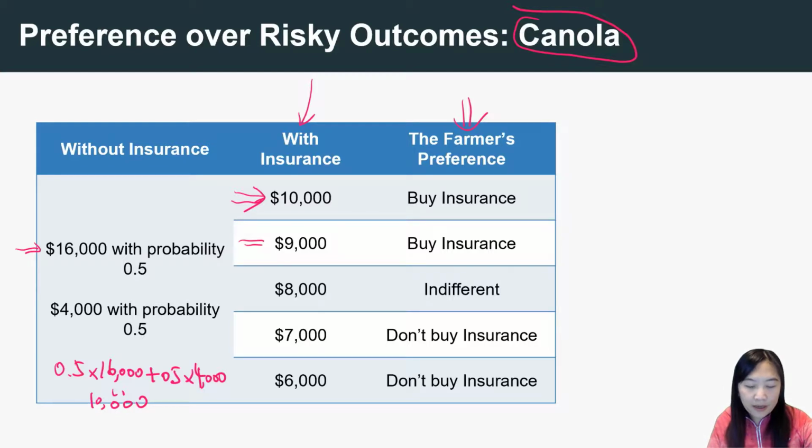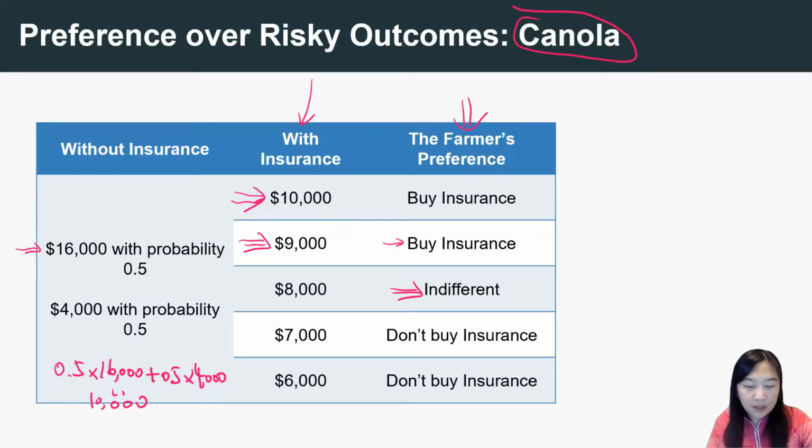And the insurance might have a different offer saying, I'm not paying you 10,000, I'm paying you 9,000 for sure, no matter what the weather. And this particular farmer still decided to buy the insurance. However, when the offer lowered to 8,000, the farmer is indifferent between buying the insurance or taking the risk.